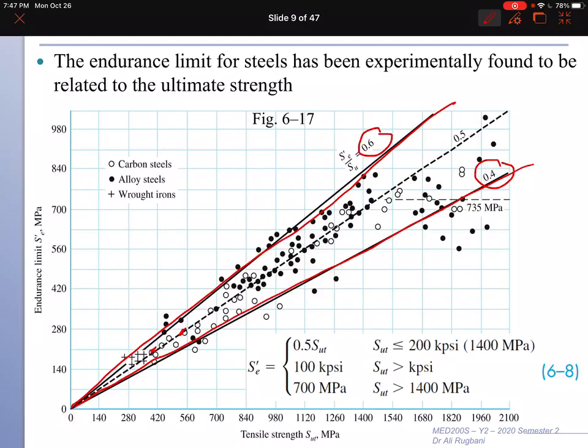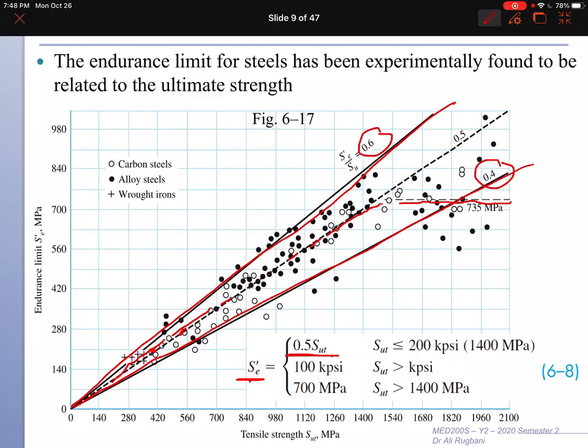So it is safe to say that 0.5, which is an average between 0.6 and 0.4, 0.5 ultimate strength is equal to endurance limit.